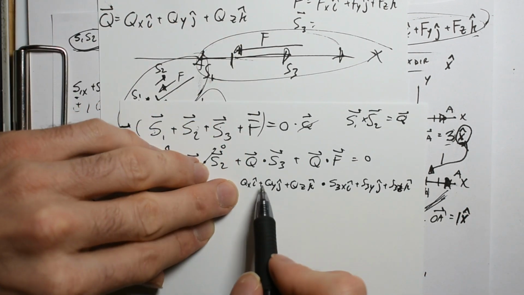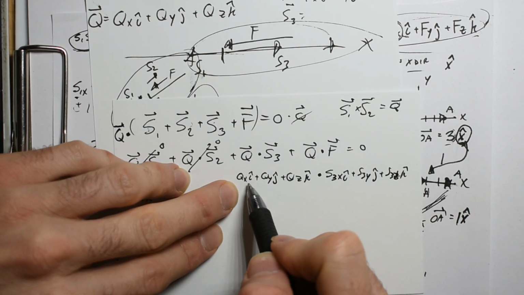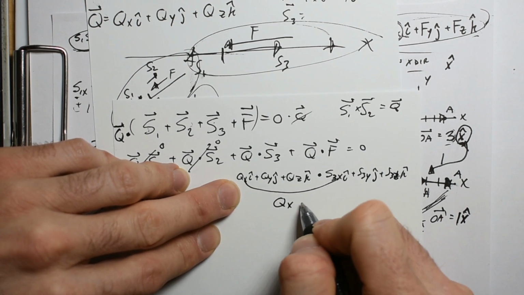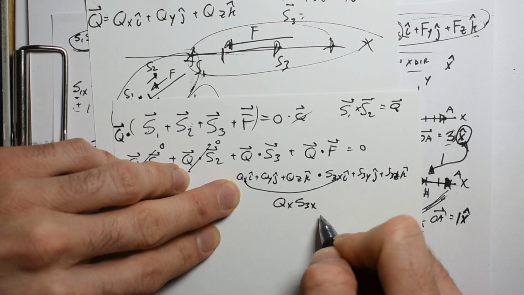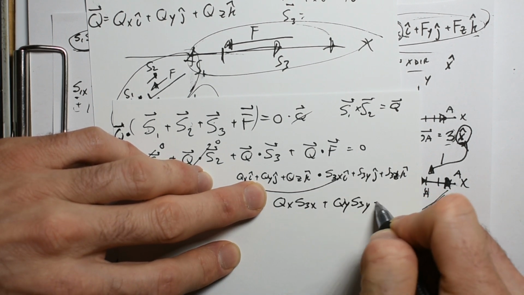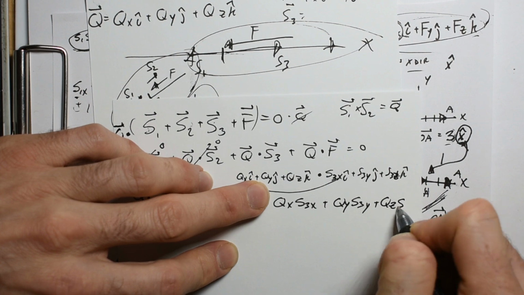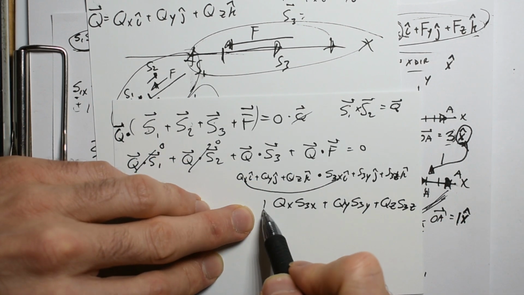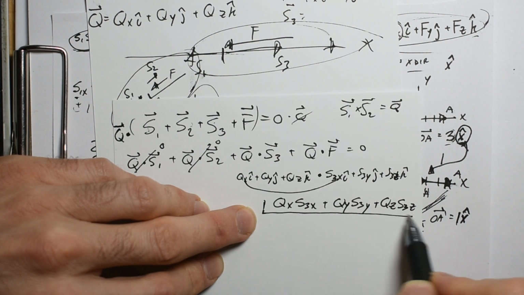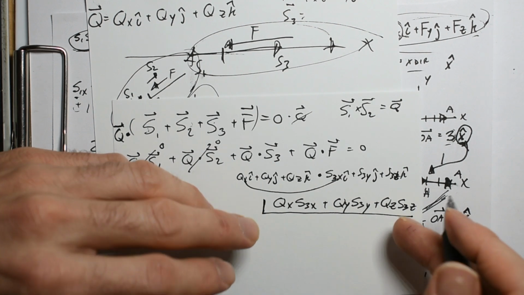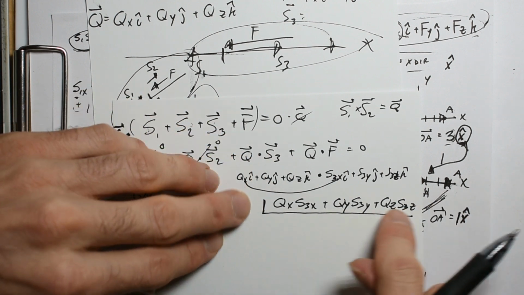And the definition of dot product is multiplying like terms. So the first thing I do is multiply Qx and then S3x, and then add it to Qy S3y, and then add it to Qz S3z. And I think a lot of stuff gets lost because it's just really repetitive and very tedious to write all these subscripts.